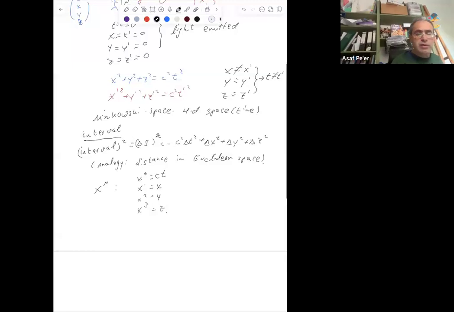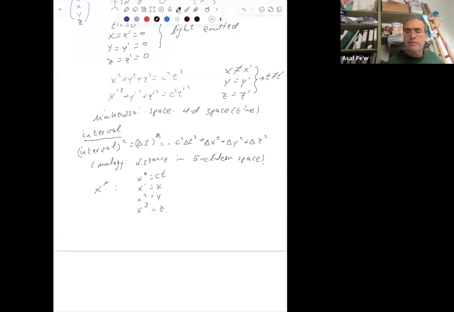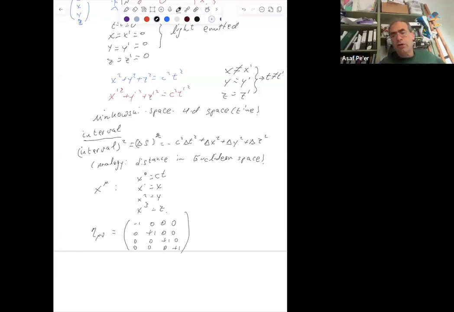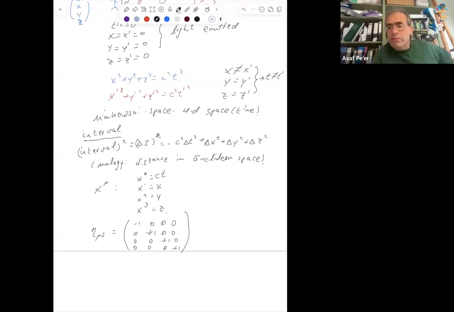Then I also introduced a very simple matrix with two lower indices, eta mu nu, which is all zeros except on the diagonal. The diagonal is minus 1 at the top left, and then everything else is plus 1.